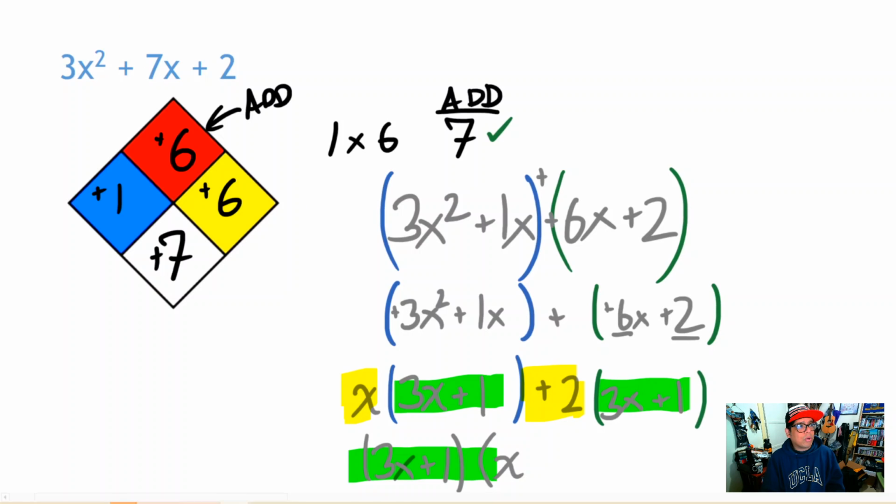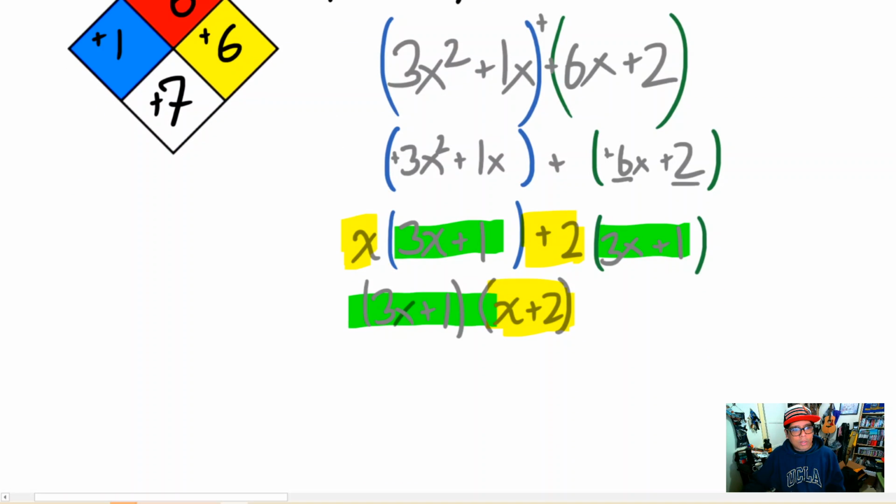So now I'm going to write x plus 2. See how easy that was? And let's write that so that looks really nice for you. This is a 3x plus 1 and an x plus 2. Okay, so there's our first problem.